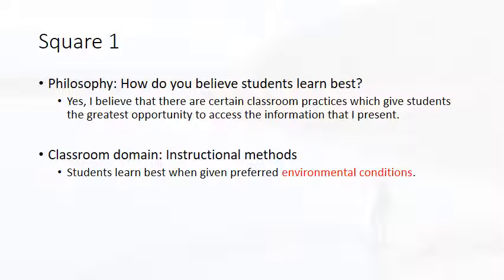Students learn best when given preferred environmental conditions. And I highlighted the words environmental conditions because I thought that was important to me, in the sense that I am now examining how my philosophy fits in the environment in which the students are learning. That is square one for us. That's the premise from which I am creating.